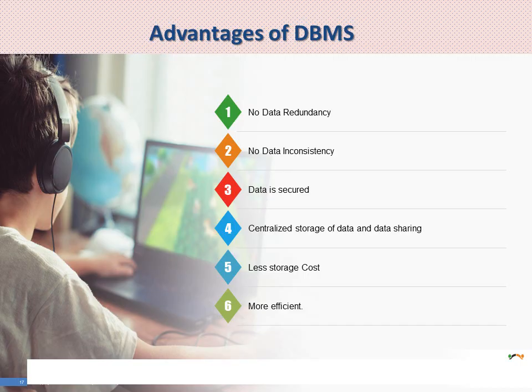This has happened because of the database management system. Similarly, data inconsistency has also been reduced, since data is stored at a single place from where multiple people are accessing it. So data is in the same format for different users, and the problem of data inconsistency was also solved.